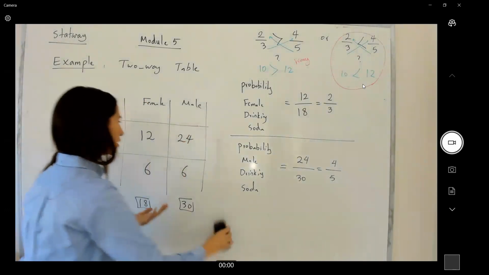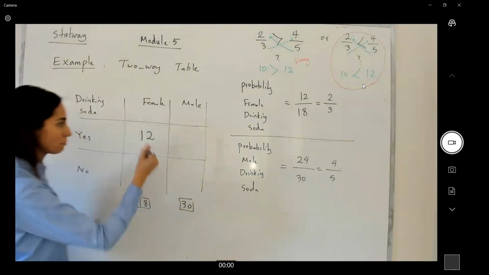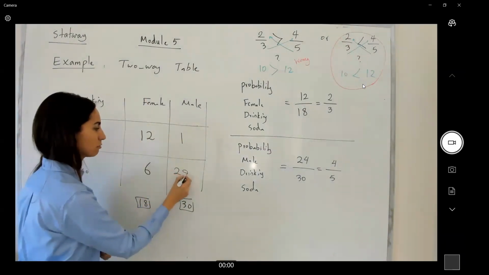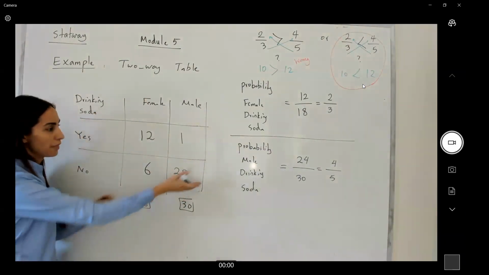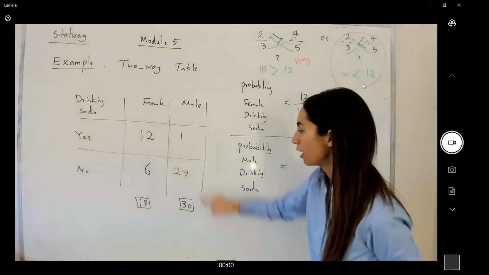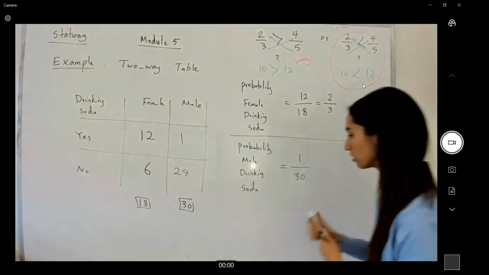So what you can do, you can say that I want to have just one male, the rest of them not drinking soda. Now, if I create this probability, I get 1 out of 30. Now take a look at this.